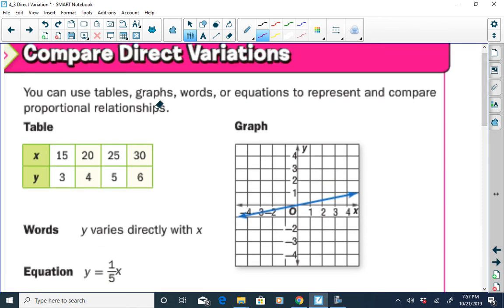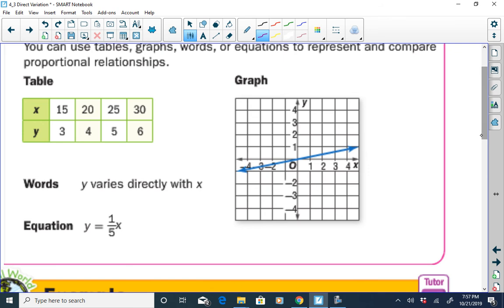You can use tables, graphs, words, or equations to represent and compare proportional relationships. If I look here at the table, 3 to 15 is the same as 4 to 20, which is the same as 5 to 25, which is the same as 6 to 30. That's a ratio of 1 to 5.